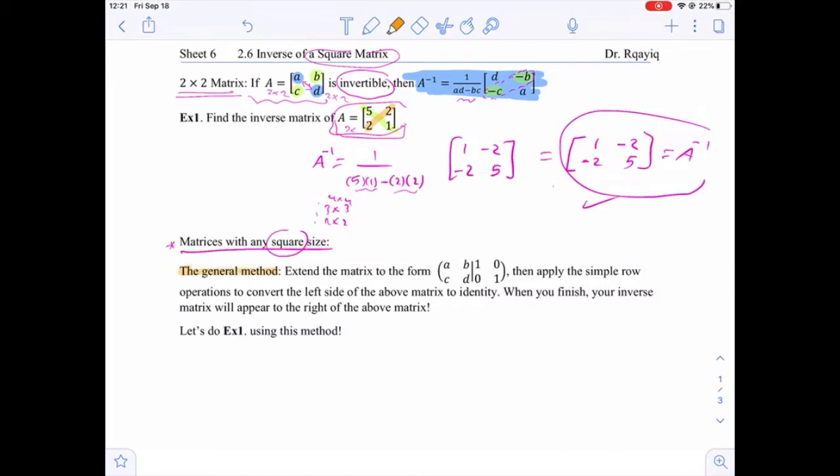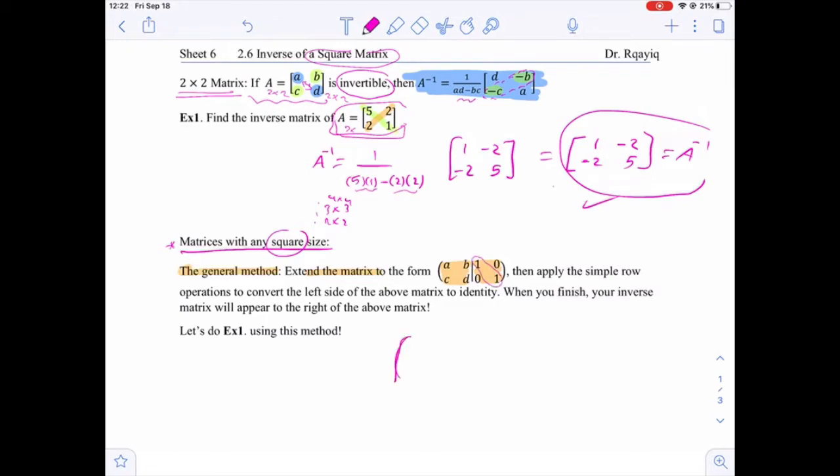The general method says you extend the given matrix. If we have a, b, c, d, we put the matrix here and then we add the identity of that matrix. The identity is the matrix that has ones on the main diagonal and everything else is 0.